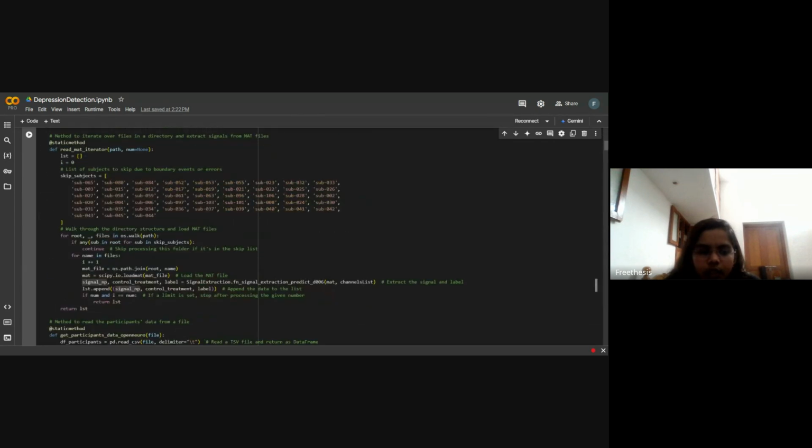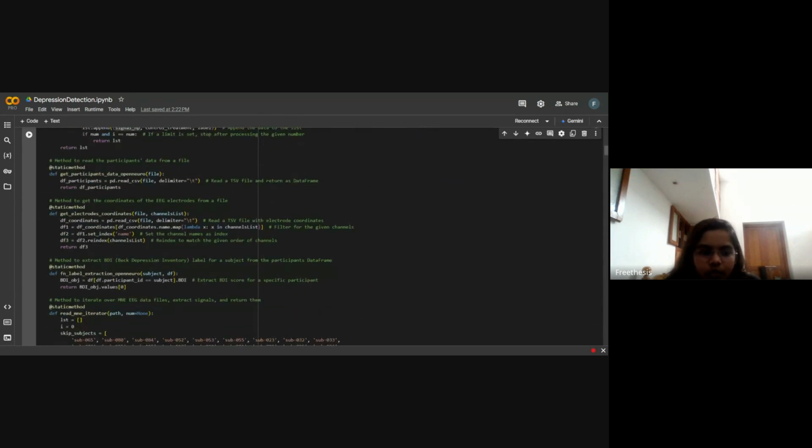After that, we'll be using the participants file. The participants file will have the labels for the data, whether they have depression or are healthy candidates. We have to extract that. The main key feature of this paper is that they have an adjacency matrix creation that is very unique in this method.